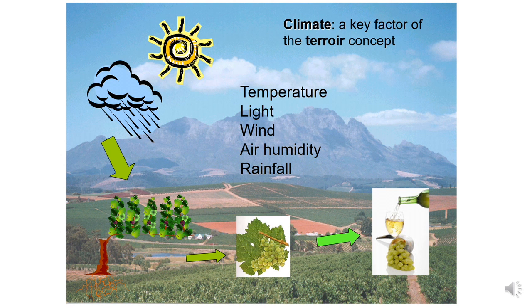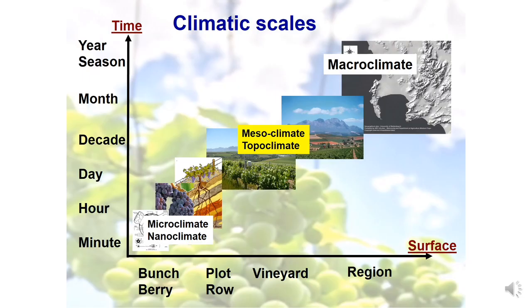Climate is a key factor of the terroir concept. The main abiotic factors are temperature, light, wind, air humidity, and rainfall. Speaking about light, we have to differentiate light quantity and light quality. Regarding climatic scales, there are mainly 3 levels.